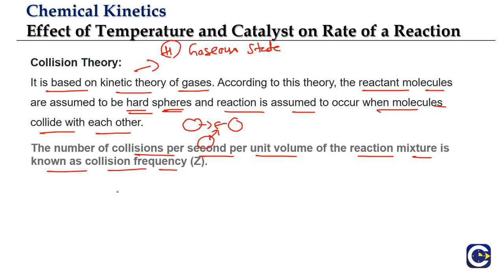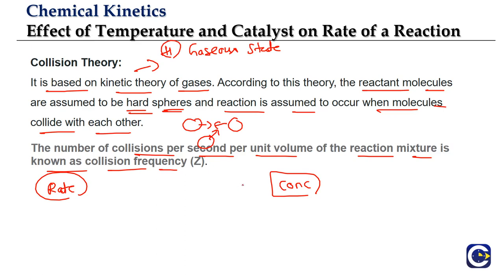So if we look at the overall rate of the reaction, then the overall rate of the reaction will depend upon, say for example, the concentration term. So the concentration term will tell what is the overall number of particles that are available. In that, all the particles will not have the energy which is needed for them to be able to lead to products.